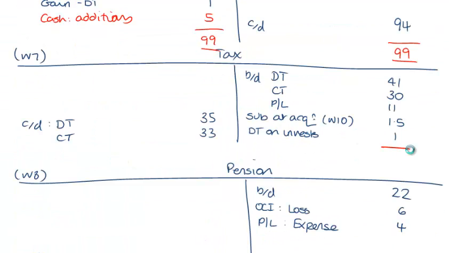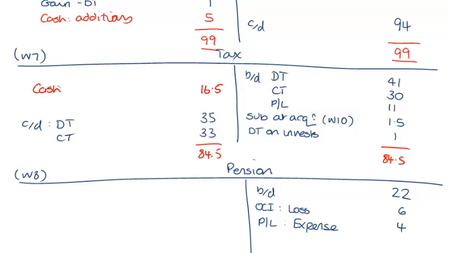Tax, 41 plus 30 plus 11 plus 2.5. Credits are 84.5. Credits must equal debits. I've got a balancing figure of 16.5.